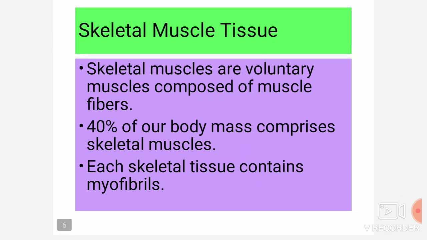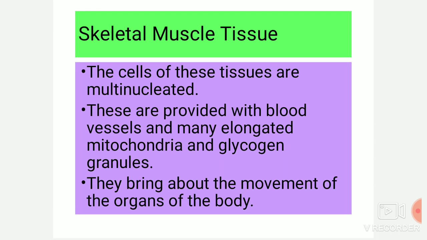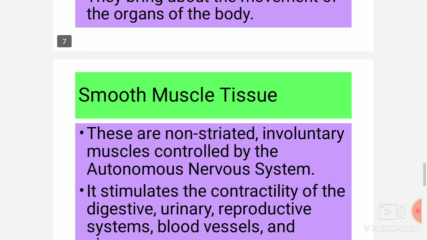Skeletal muscles are voluntary, meaning they work according to our will. 40% of our body mass comprises skeletal muscles. Each skeletal muscle contains myofibrils. Skeletal muscles are multinucleated and have light and dark bands. They are provided with blood vessels and may be elongated. Mitochondria and glycogen granules are present. They bring about movement in the organs of the body.